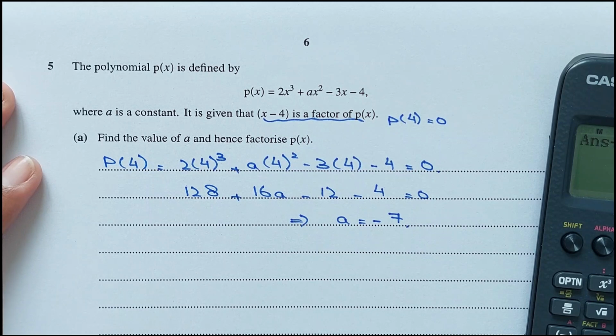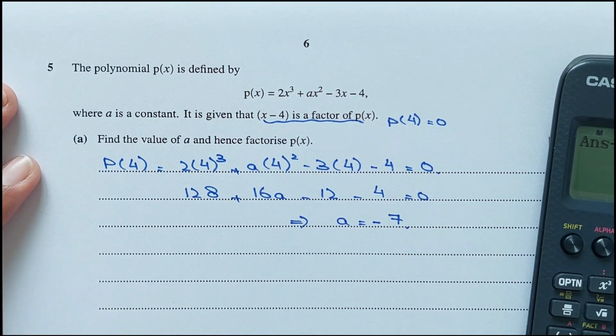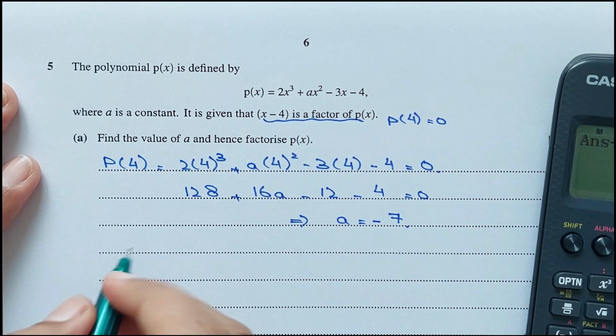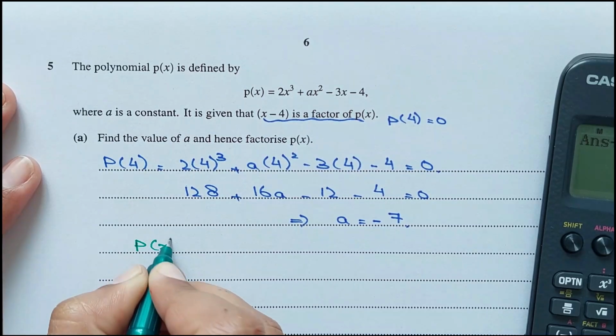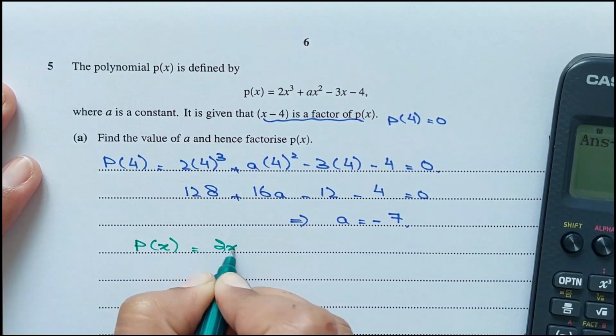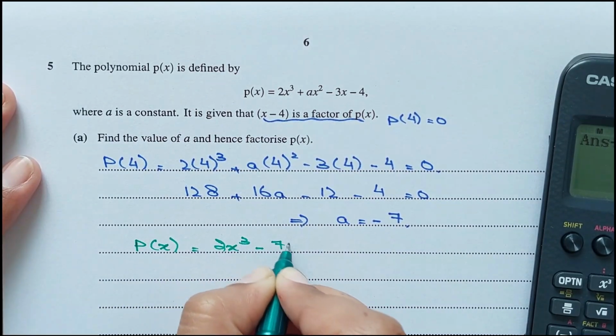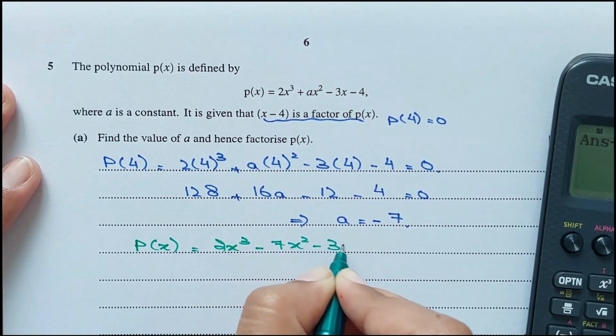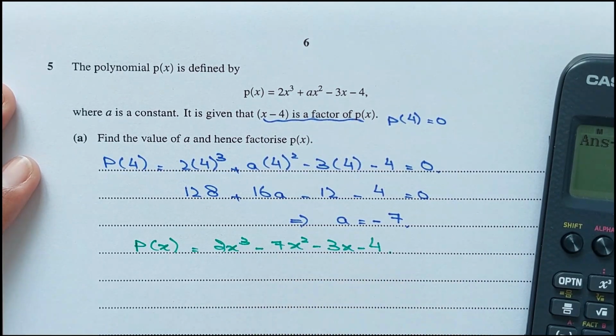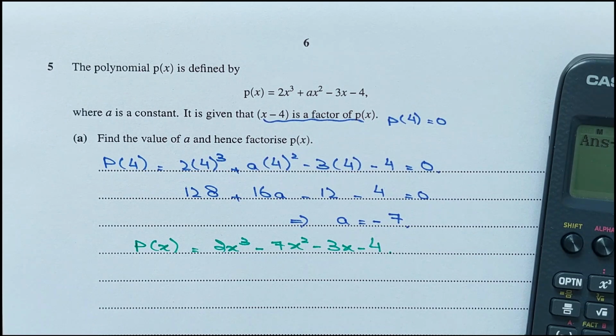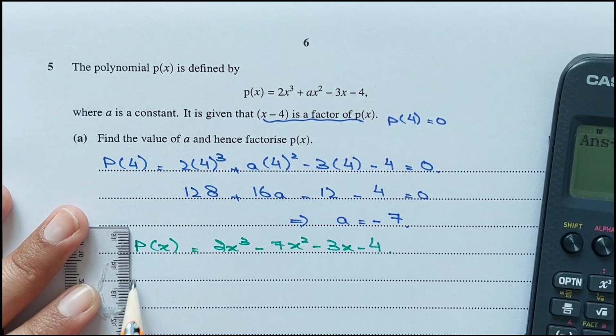Right. Now we have to factorize the cubic polynomial. Let me rewrite the polynomial by substituting the a value. P of x would be 2x cubed minus 7x squared minus 3x minus 4. Let me use the synthetic division method here.